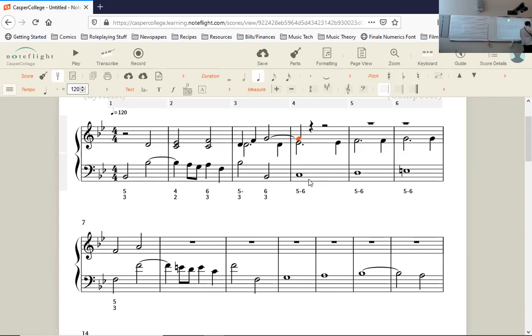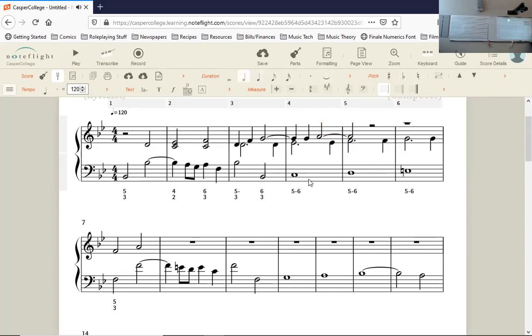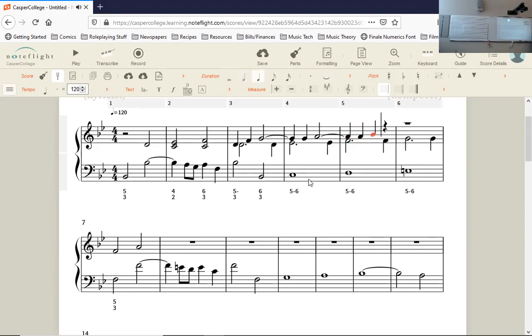Okay, so I need to do a quarter note on B2, don't I? Which quarter note? A. It hasn't changed yet. G, still in the 5. G now, A. So I have a quarter note. I'm just going to go E.